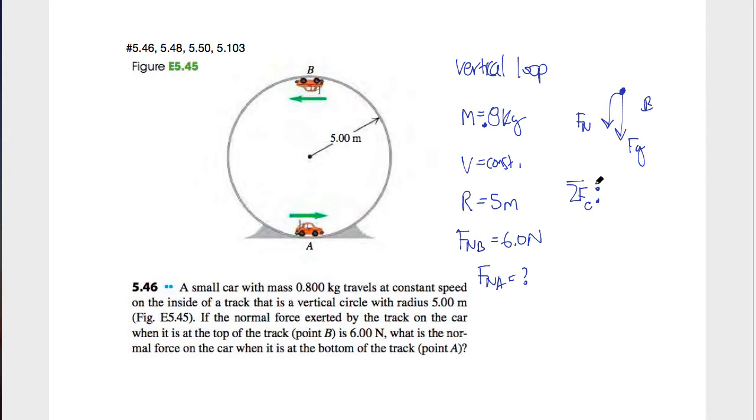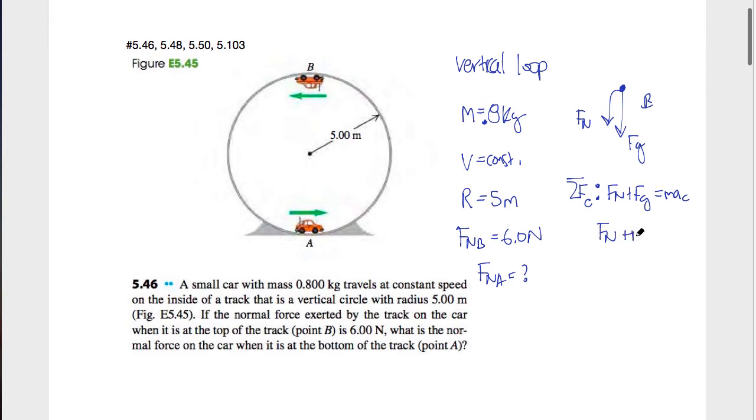You can say it's also the y direction, that's fine. It is normal force plus the force of gravity equal to m a_c. The reason they're both positive is they're both pointing toward the center of the circle. So Fn plus mg is equal to mv squared over r.